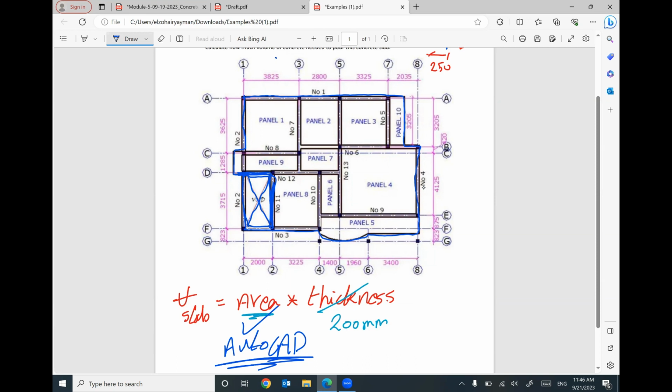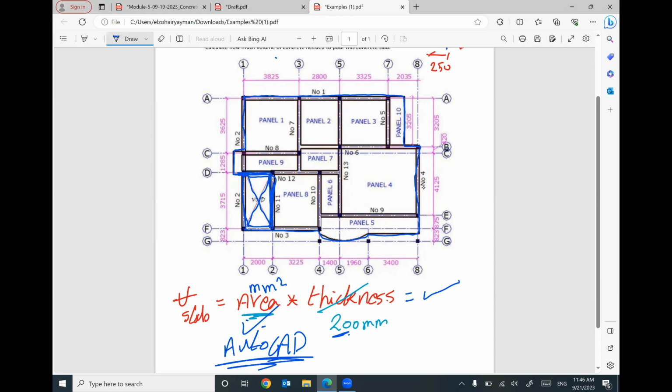So you can open the file and there is a command called area on AutoCAD that can tell you the area. If you multiply this area by this thickness, you can get the total volume. But be careful, your area must be in square millimeter, or you can convert both of them to meter. It's up to you.